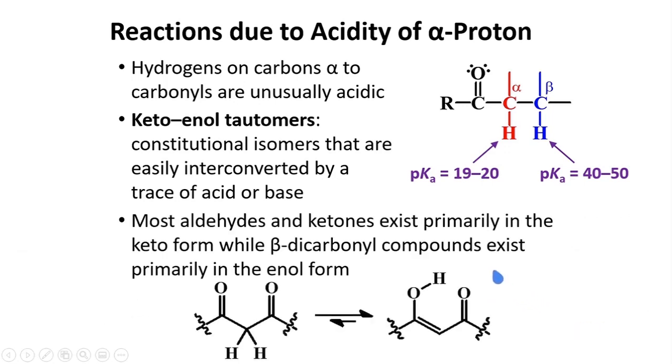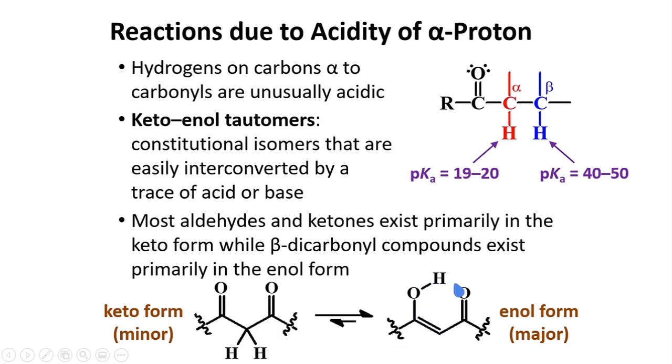While most aldehydes and ketones primarily exist in the keto form, beta-dicarbonyl compounds exist primarily in the enol form. Beta-dicarbonyls are named as such because if we take this as our reference, this carbon is alpha and this carbon is beta, so beta-dicarbonyl. Because there are already two carbonyl groups present, this proton can be easily removed and you form an enol, and this enol has a hydrogen.